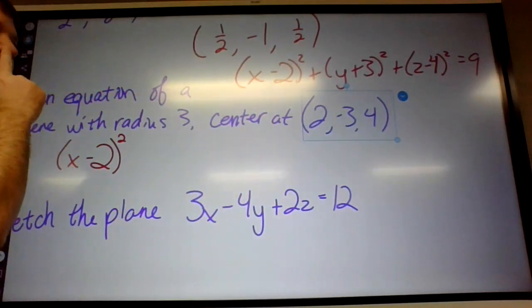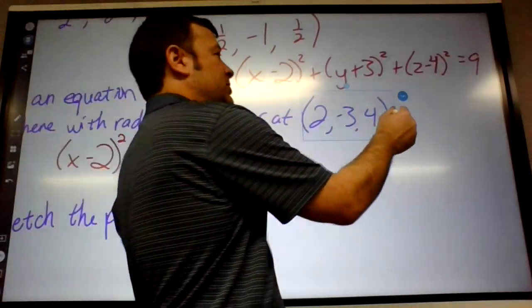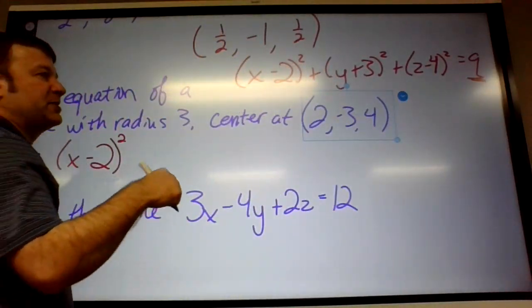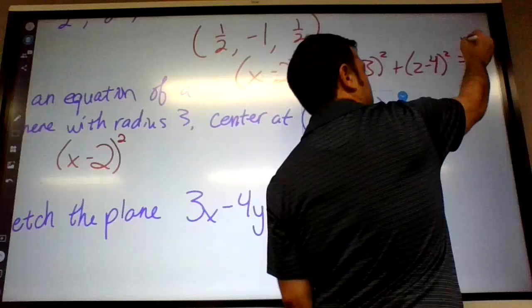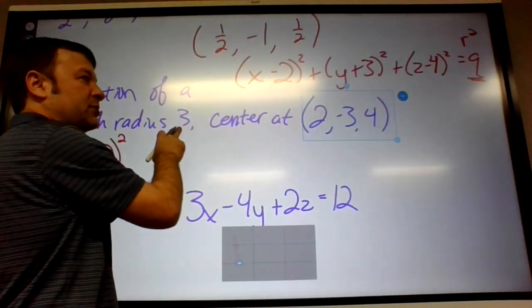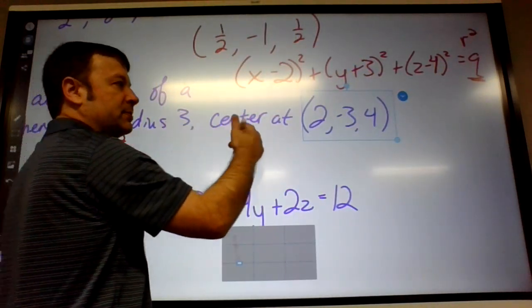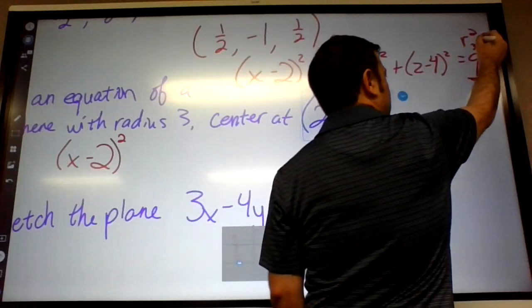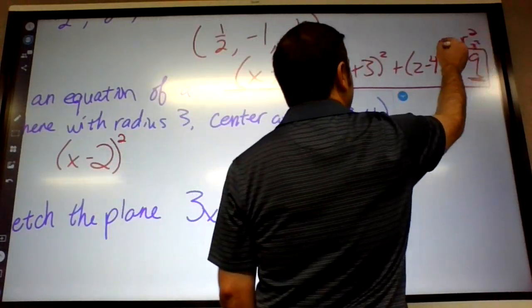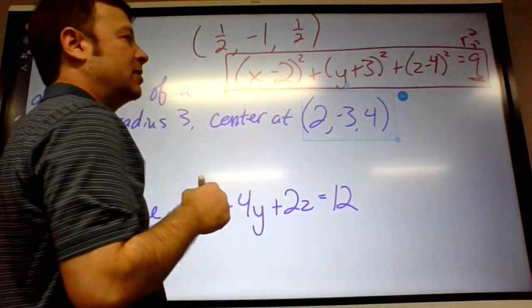So you just do the opposite. Now, what goes at the end here is the radius squared. In this case the radius was 3, so 3 squared goes right here. I kind of accidentally put the answer down when I wrote this example, but I guess I just use the same numbers over and over.